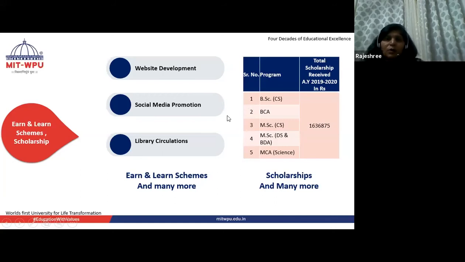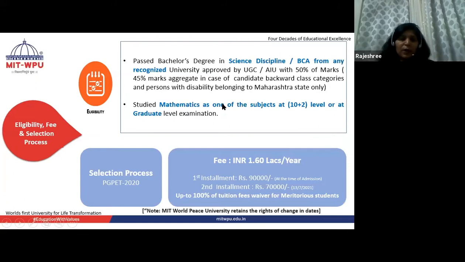Now, how can you get admission here? Many of you are doing your graduation in the science stream. It may be a BCA, it may be a BSc Computer Science. To take admission in MCA Science, the candidate must have a bachelor's degree in computer science, or a Bachelor of Computer Application from any recognized university approved by UGC AIU.